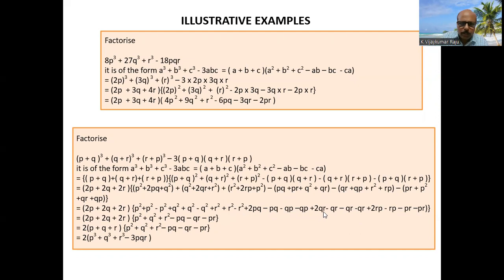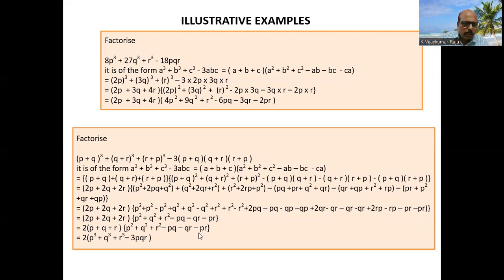Here also, 2qr minus 3qr is minus qr. Here again, 2rp minus 3rp is minus rp. So this takes this form. We can take 2 common from the first bracket: 2 times p plus q plus r, times p square plus q square plus r square minus pq minus qr minus rp.